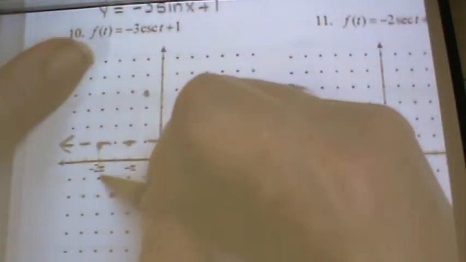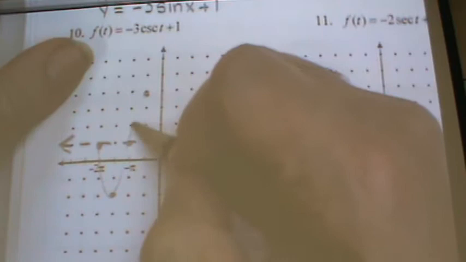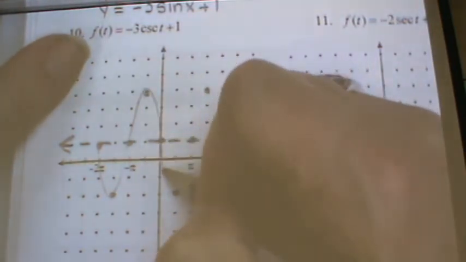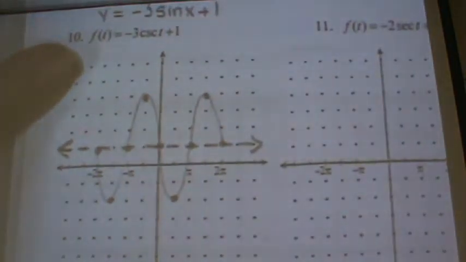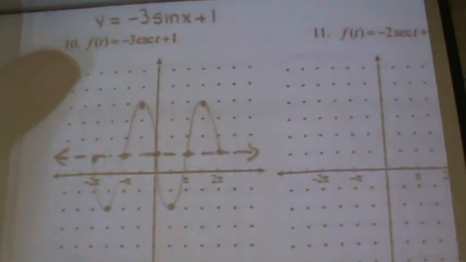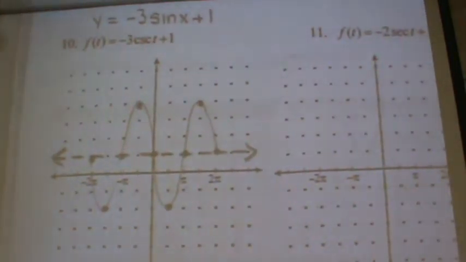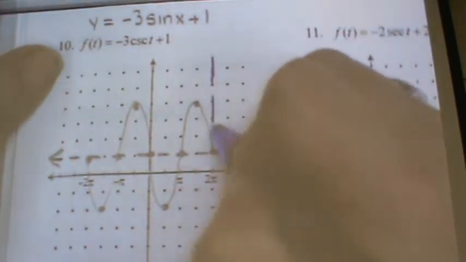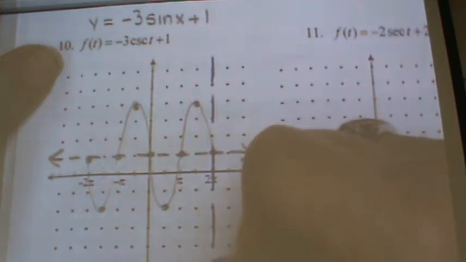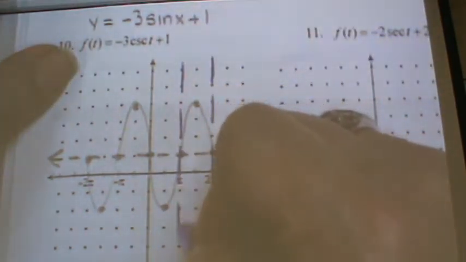So if you want to, real lightly graph the sine curve, -3. This is real light. Now at your zeros, you're going to have asymptotes. So right here, you're going to draw vertical asymptotes, because if you were to flip these points, it would be undefined.